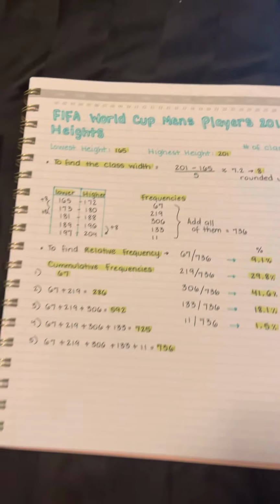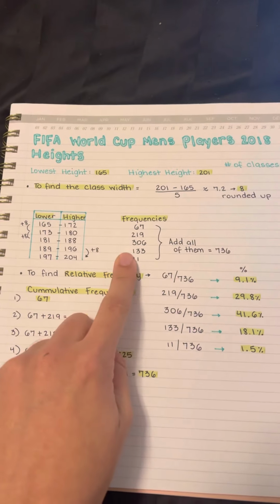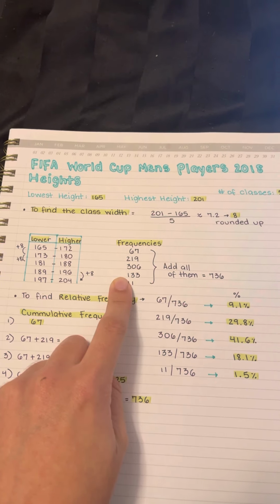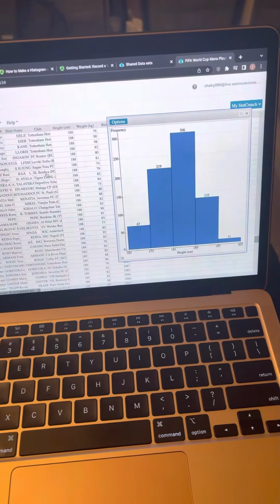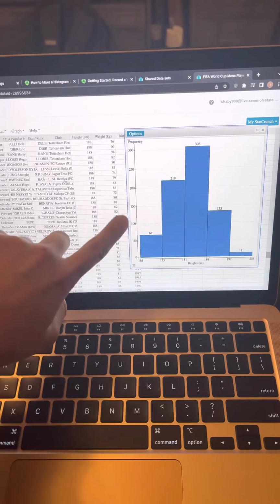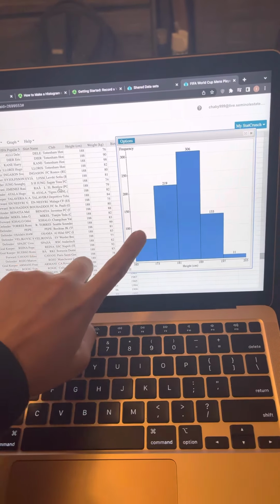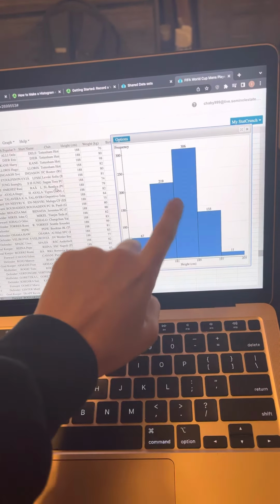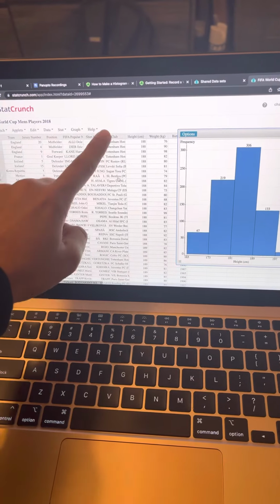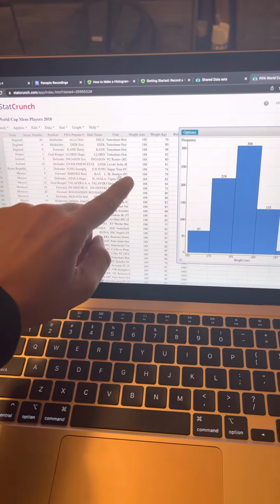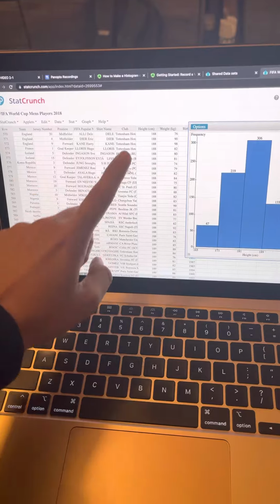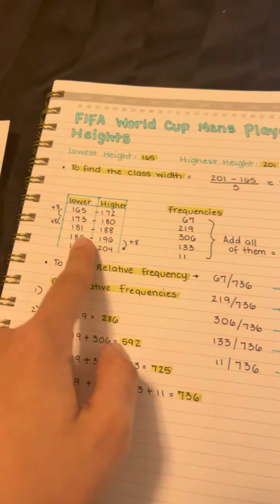And then to find the frequencies, before I knew to use the method of StatCrunch, which was making the histogram and that it would give me all the frequencies, I went individually and I saw how many players had the certain heights.